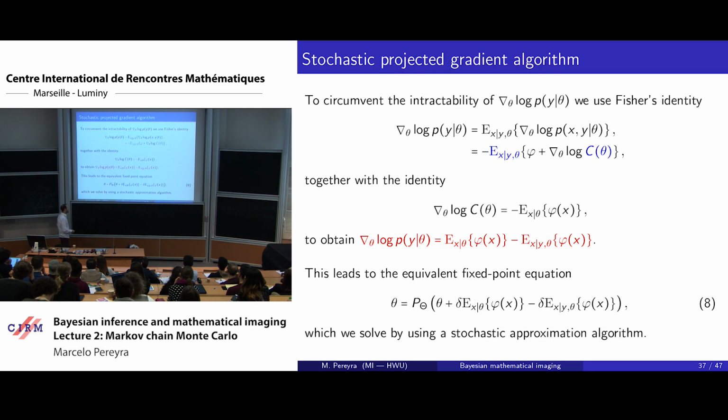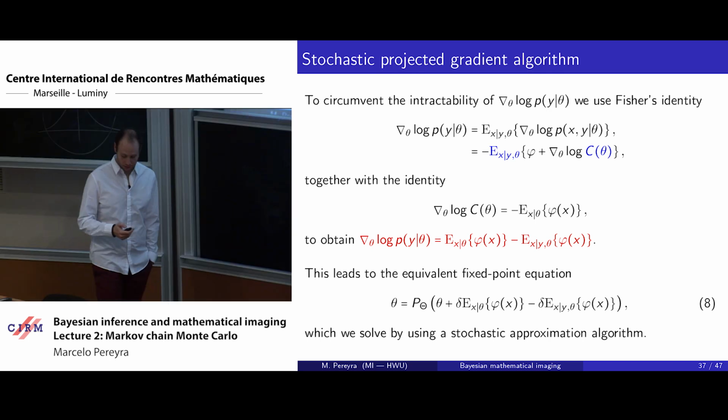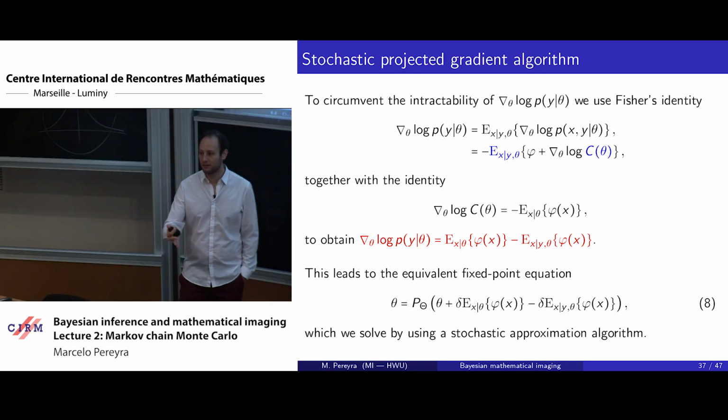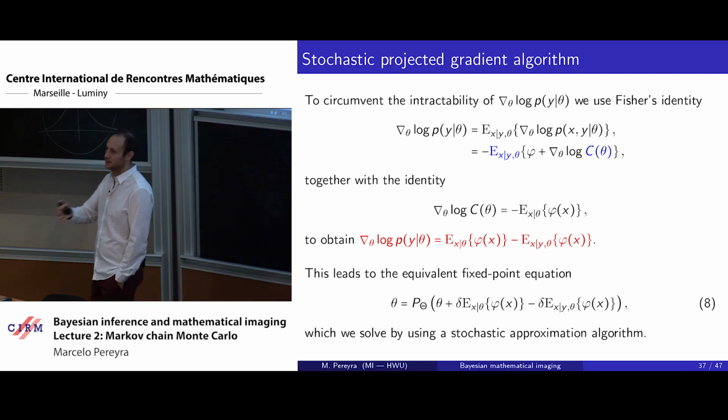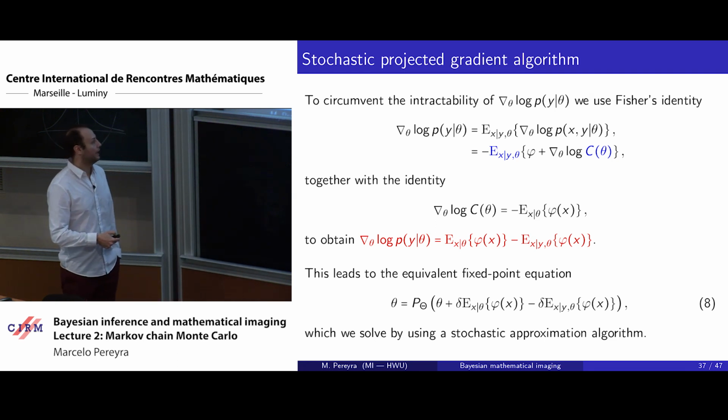So what I need are two Monte Carlo schemes to get these samples. So I can rewrite my fixed point equation as this fixed point equation that still has integrals that are intractable inside the expectations, but unlike the previous expression, provides a clear path towards getting estimates of these expectations.